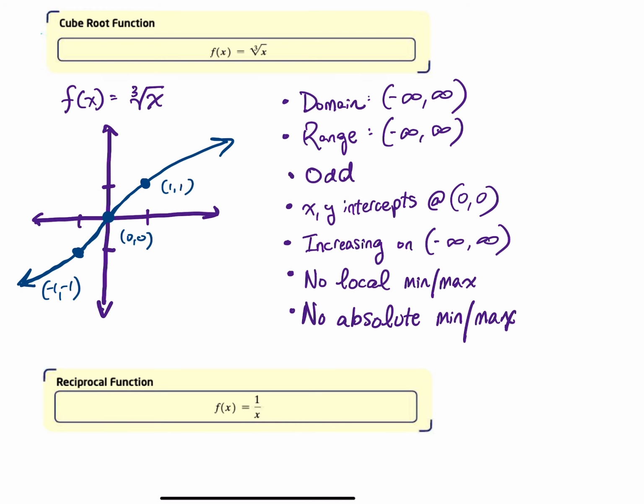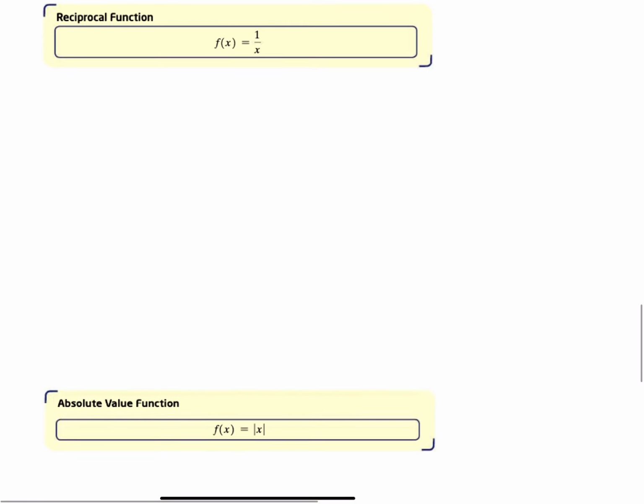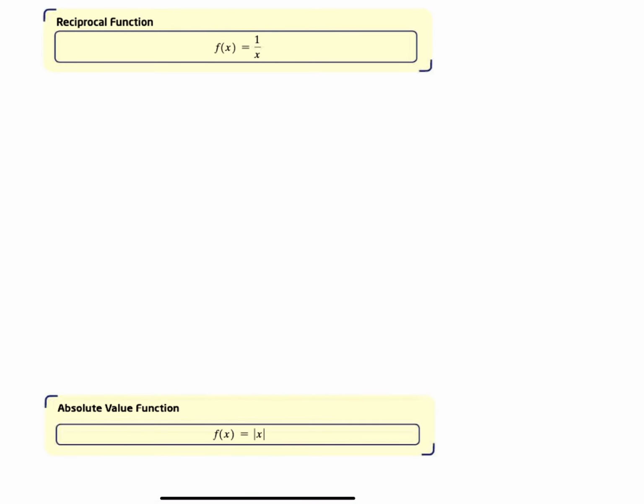So that's the cube root of x. Next is the reciprocal function, so 1 over x. This one has some additional conditions. All right, so what does this one look like?